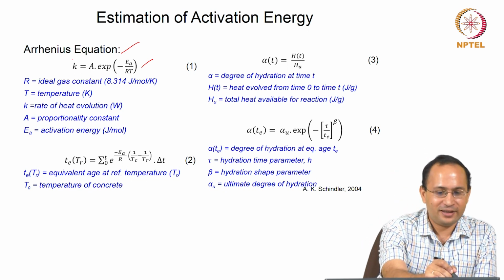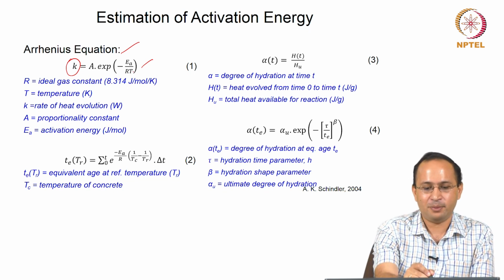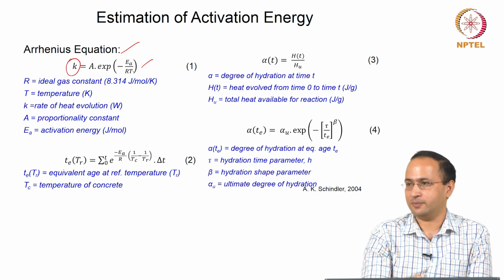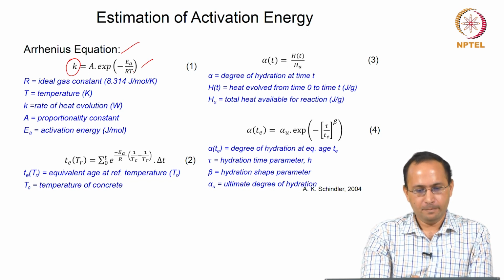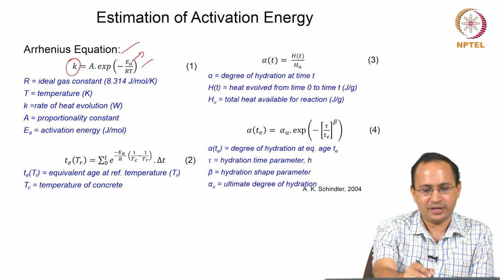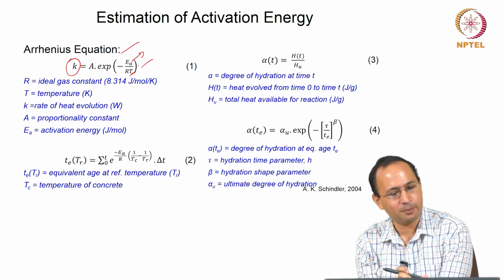K is the rate of reaction, or in this case you can say rate of heat evolution, it is dependent on the temperature using this, right. It is a standard relation you use. Here you see EA is the activation energy, R is ideal gas constant, T is the temperature, K, right. This is the relationship between the temperature and reaction rate.